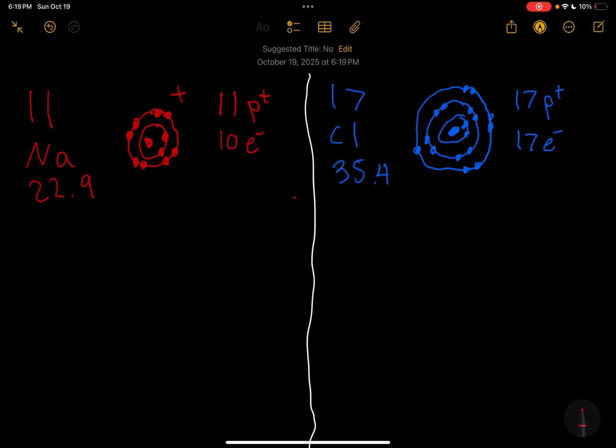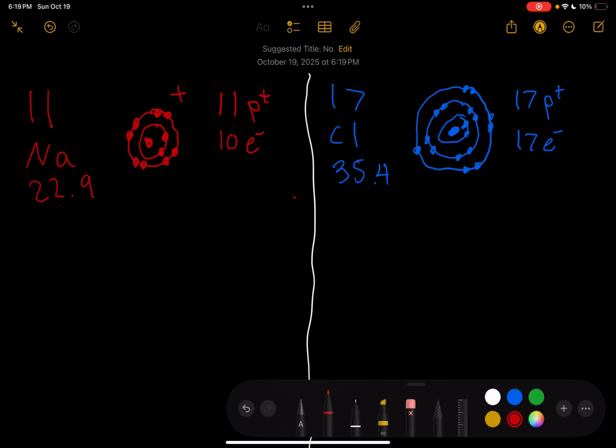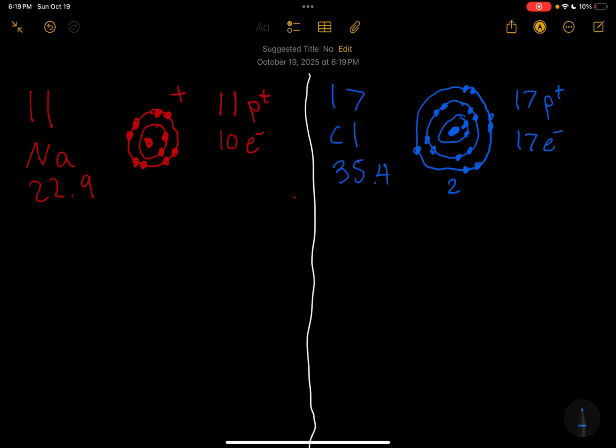And now we're going to take a look at what happens to chlorine. Again, chlorine runs into the same issue. We have 2 in the first shell, and then we have 8 in the next shell, so those shells seem correct. But in the last shell, we have 7, so we're missing 1 electron. Unlike sodium, instead of wanting to lose an electron, chlorine really wants to gain an electron.